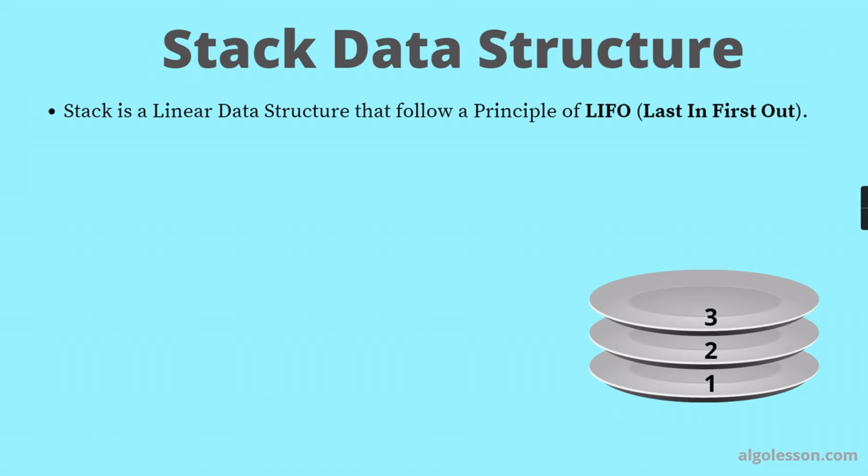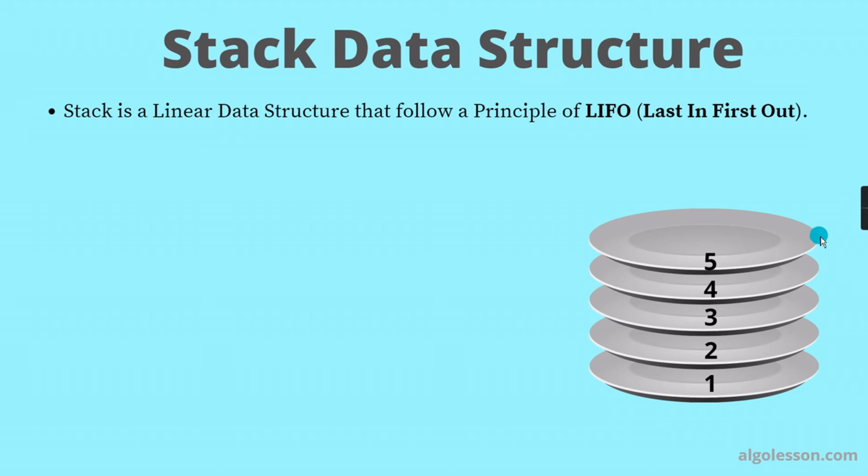The easiest way is to put that plate on top of the third plate. Similarly, if I want to put one more plate, we can put the fifth plate on top of the fourth plate. So this is what we observe, that whatever plate, or here we can say whatever element, we put in at last is present at the top.